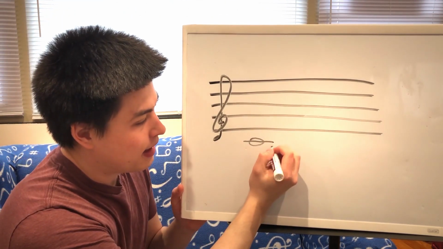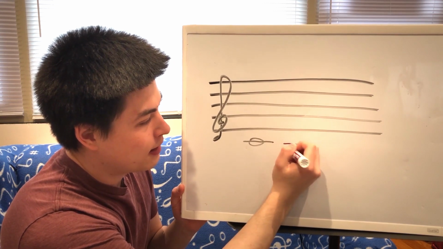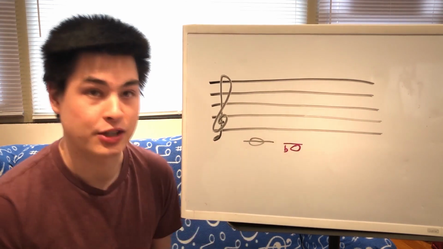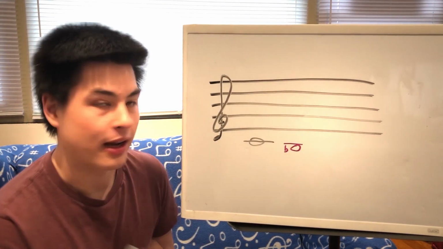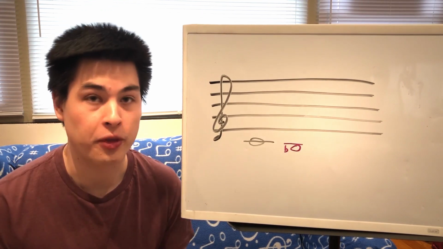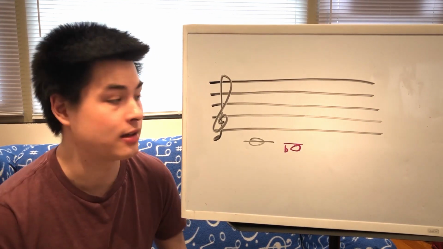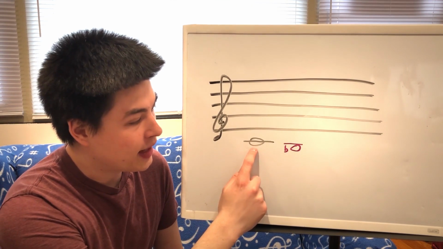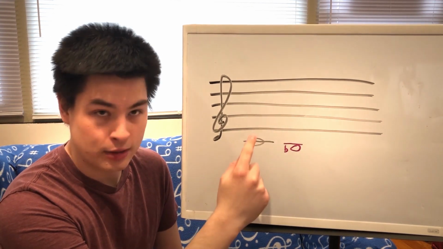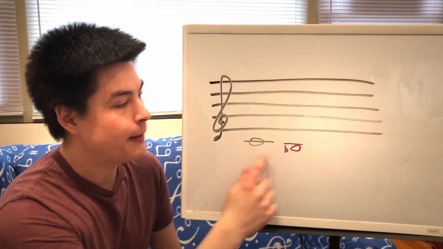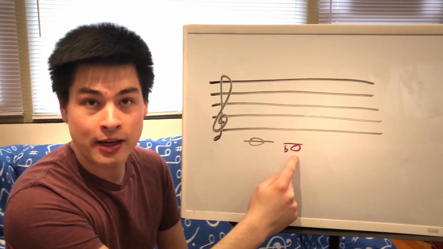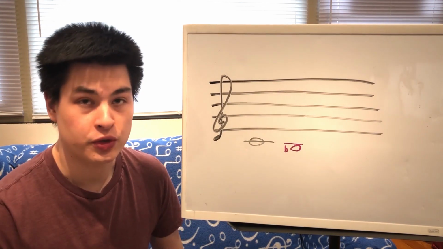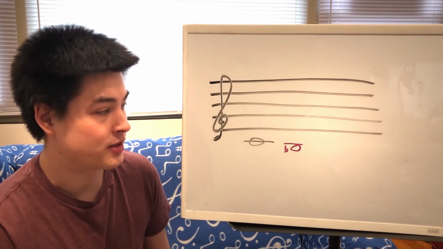Then that means that a B flat is what's actually going to be sounding. So if you're playing on a concert pitched instrument or with a piano or a tuner that's in concert pitch, when you play this written C on the clarinet, you'll actually be hearing a B flat.